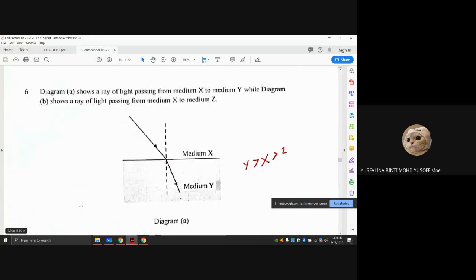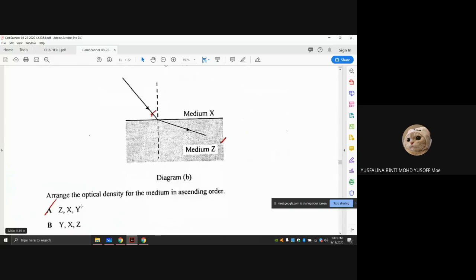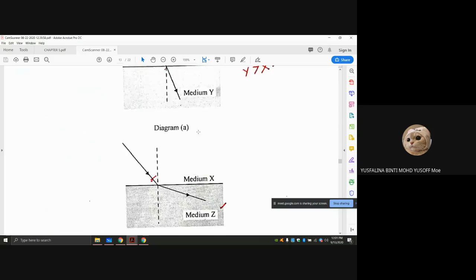The next one, number 6, asks you to compare the optical density. Before I forget, the refractive index represents the density of the object. If the refractive index is higher, it means the object is denser. So we continue this question.